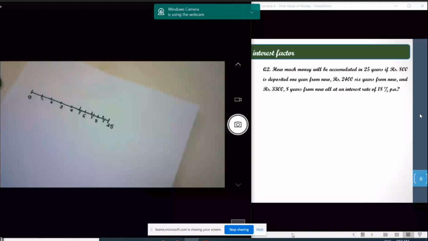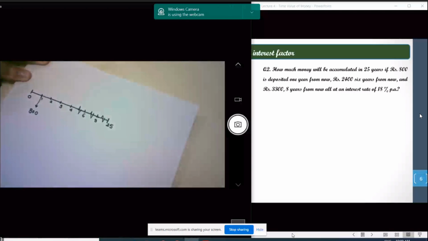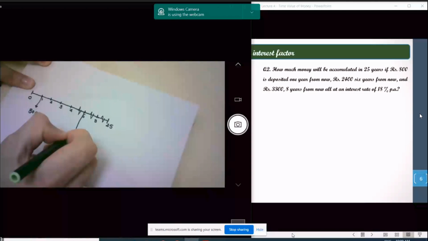So I have a payment 1 year from now. Here I have 800 rupees 1 year from now. Then 2,400 rupees 6 years from now. So 6 years means 1, 2, 3, 4, 5, and 6. This will be my second deposit, that is 2,400.